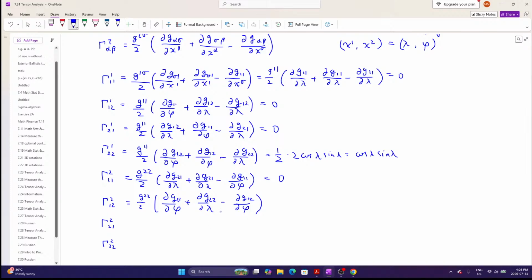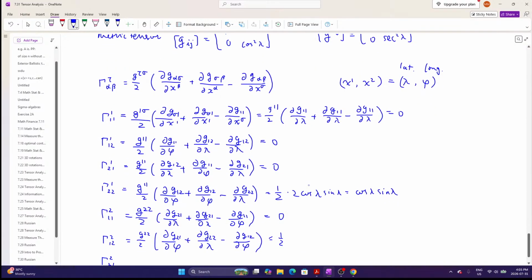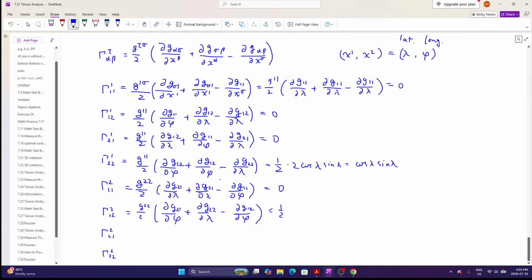Okay, so I think this one is also non-zero because of this thing. Remember, g upper 22, oh, actually, my bad, g upper 22 is not 1/2.